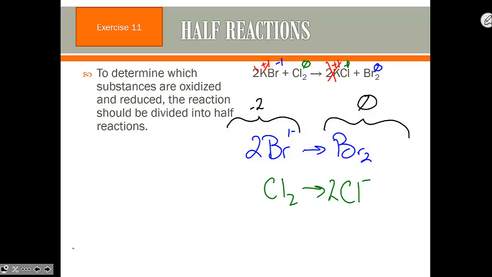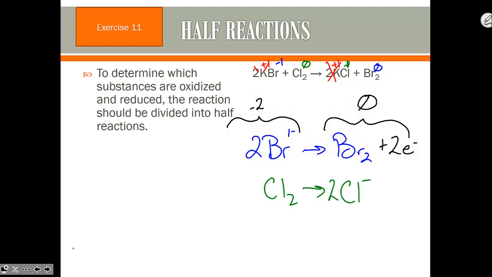We can balance charges in redox reactions by adding electrons, which are negative, meaning we can always bring numbers down. We cannot bring them up. So I can bring this 0 down to a -2 by adding 2 electrons.